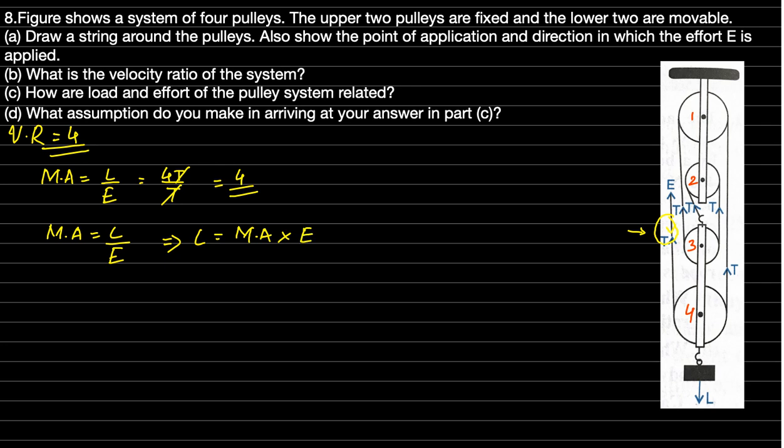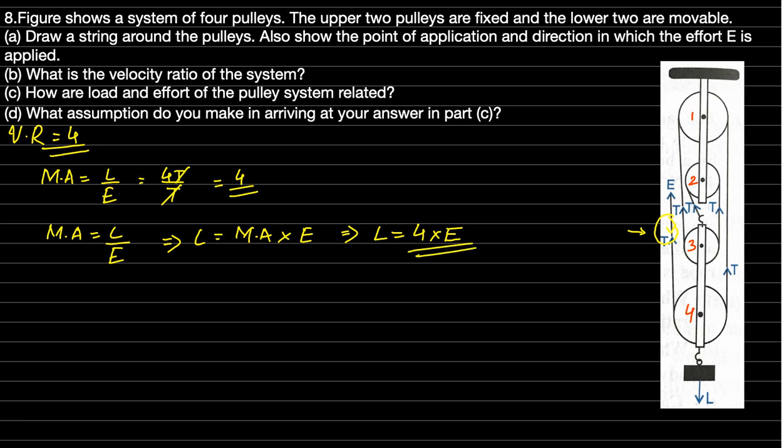So the relation between load and effort happens to be L is equal to mechanical advantage, we just got it as 4, into effort. So this is going to be the relation between load and effort.